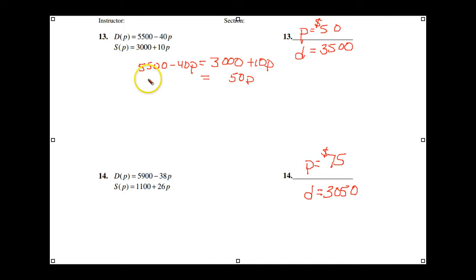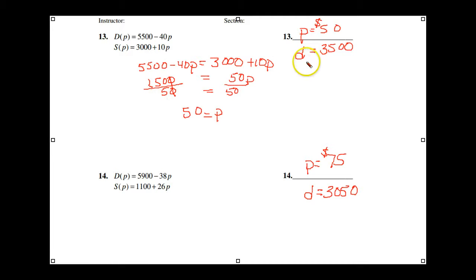Subtract that from this side and get 2500. Divide both sides by 50. And we get p equals 50. Notice this cancels out, and this goes 50 times.